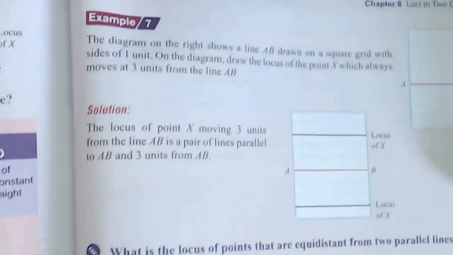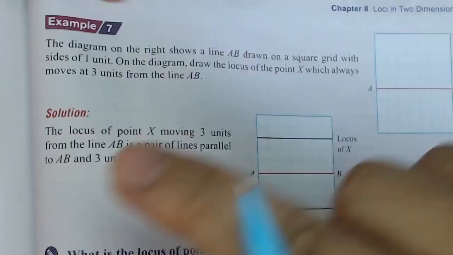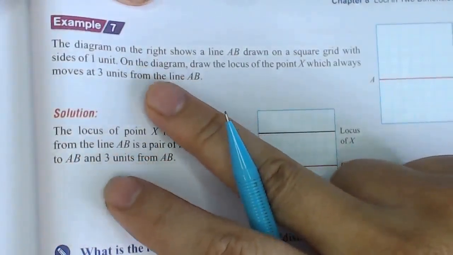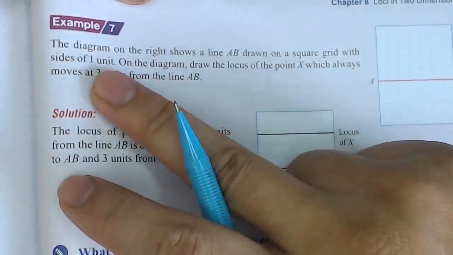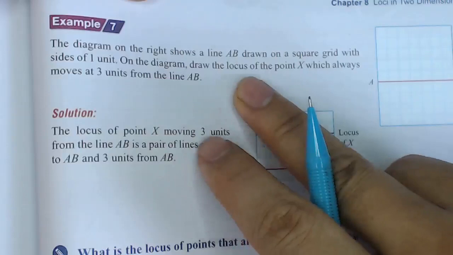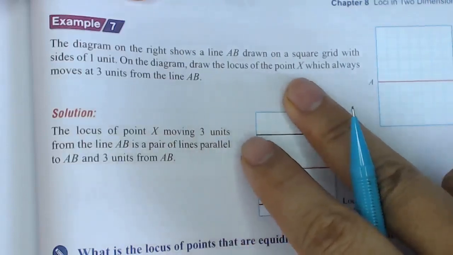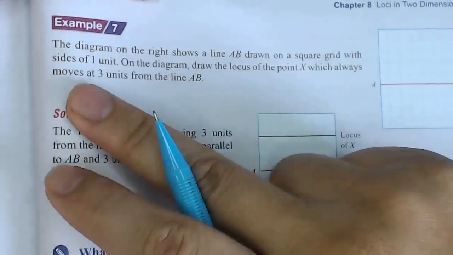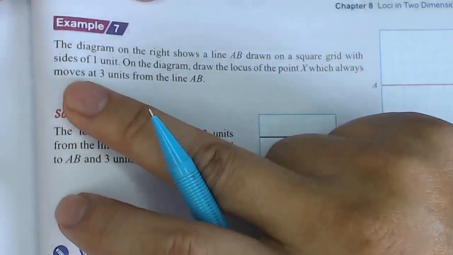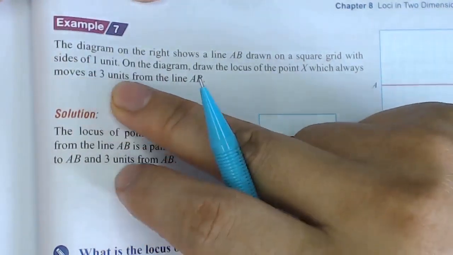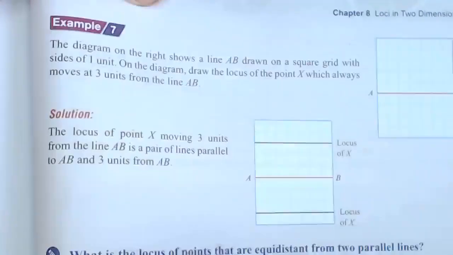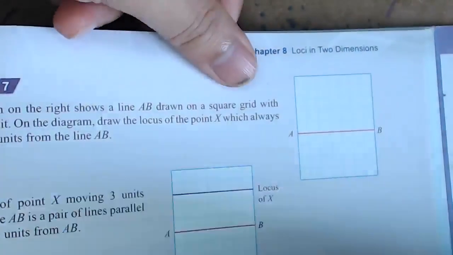Example 7. The diagram on the right shows a line AB drawn on a square grid with sides of 1 unit. On the diagram, draw the locus of the point X, which always moves. This is the condition they give us. Always move at 3 units from the line AB. So let's take one example.